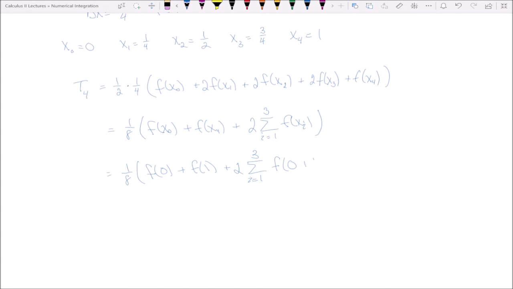So in context for us, it is i times delta x, so just i over 4. This form is going to make it easier for us to use our calculator.